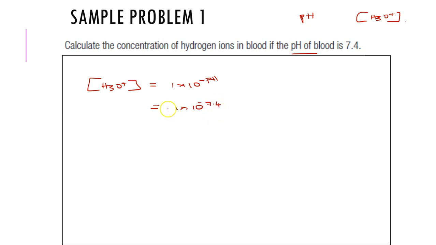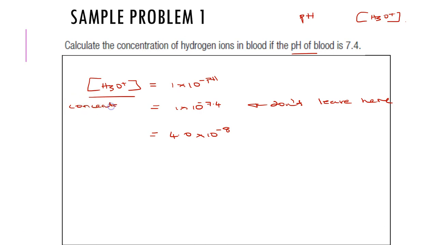We're going to place this into our calculator. Okay, you should not leave it here. Don't leave it here. You need to go through and put this into the calculator. So you're going to just put 1 × 10 to the negative 7.4 is equal to, and you should end up with 4.0 × 10 to the negative 8. This is a concentration.